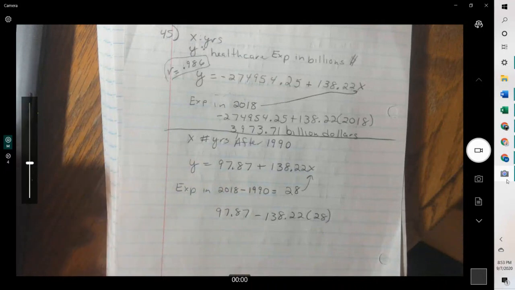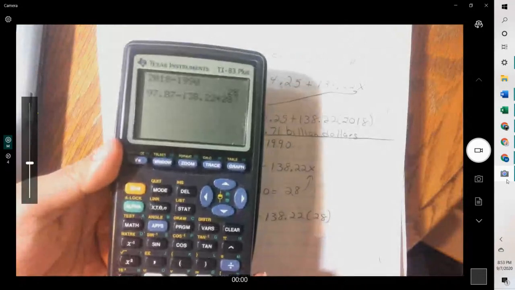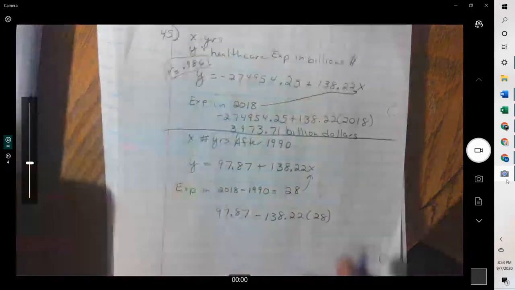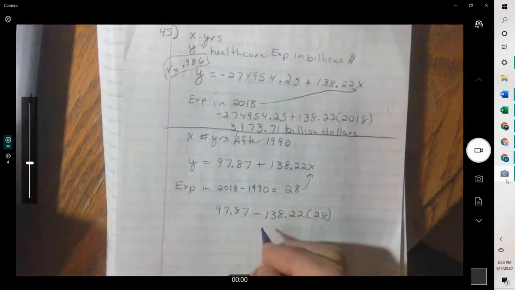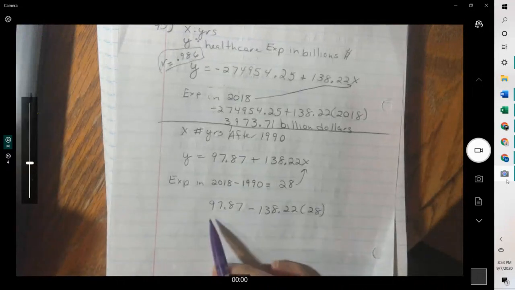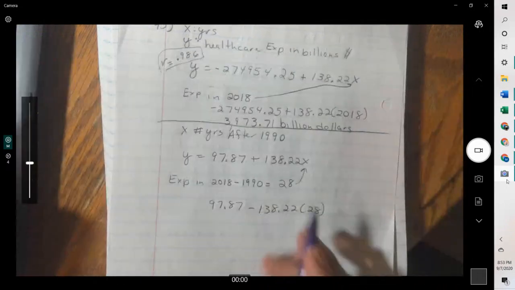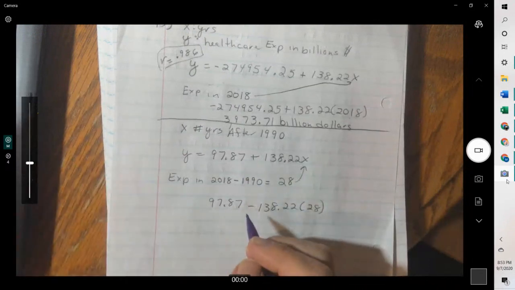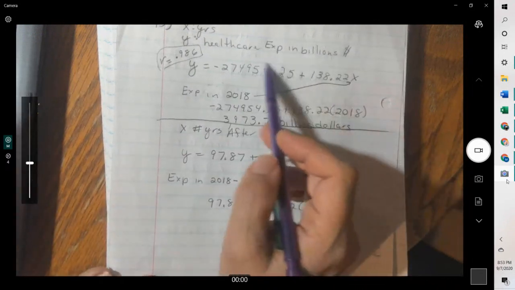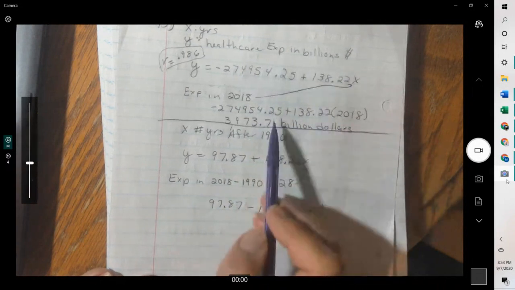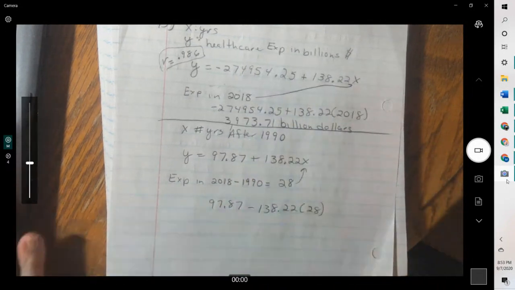I'm plugging that in: 27.87 minus 1, plug that in. It comes a little bit off simply because of the rounding. We had all these decimal places here, so this is a little more exact.